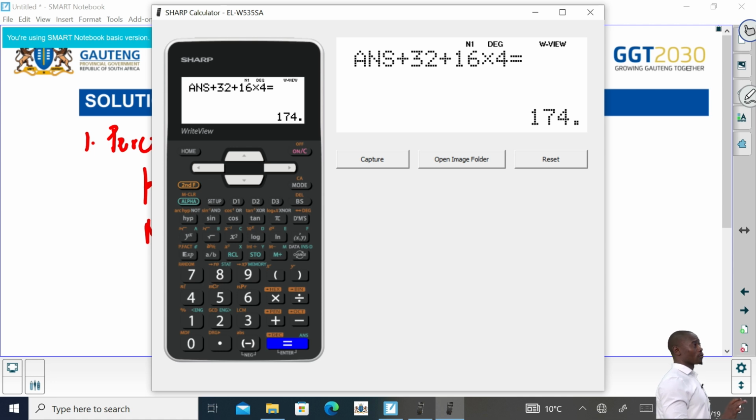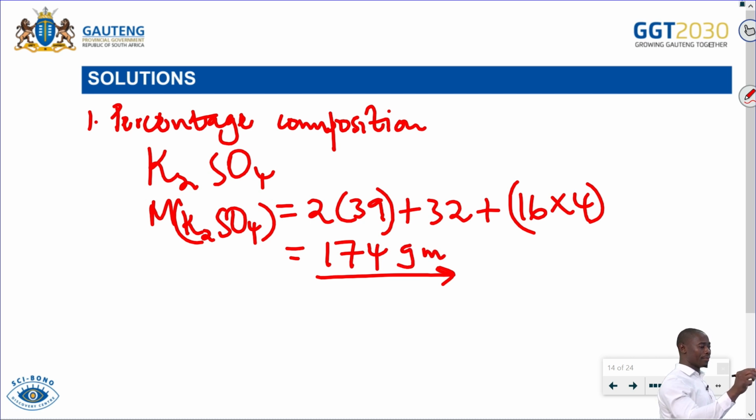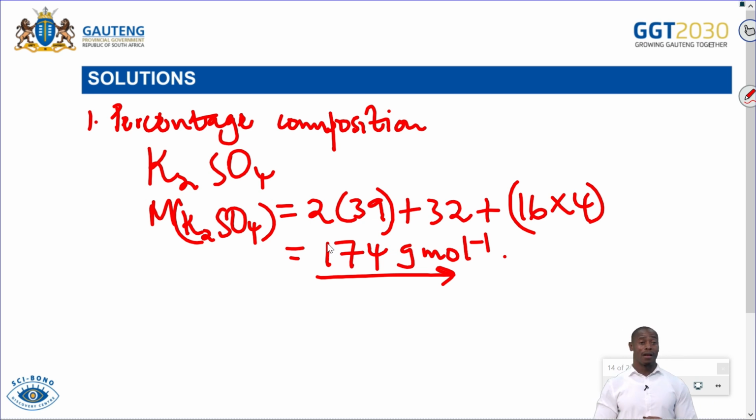That is our molar mass of potassium sulfate, 174 grams per mole.